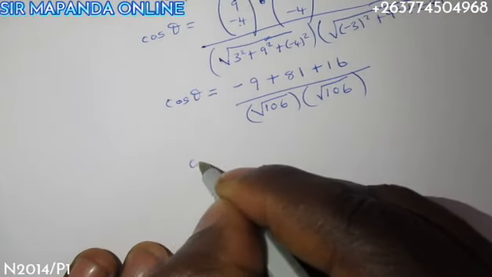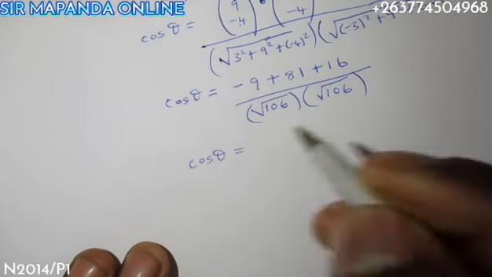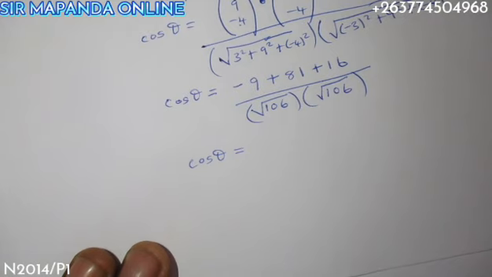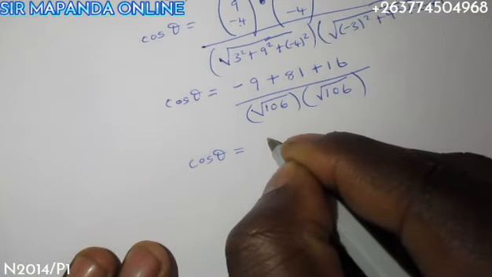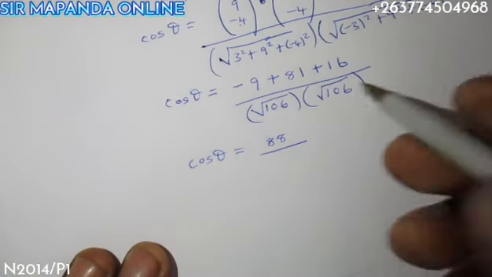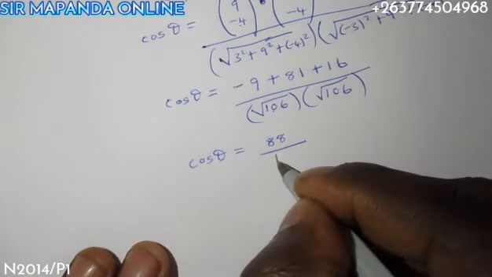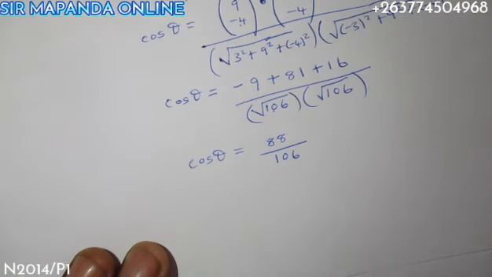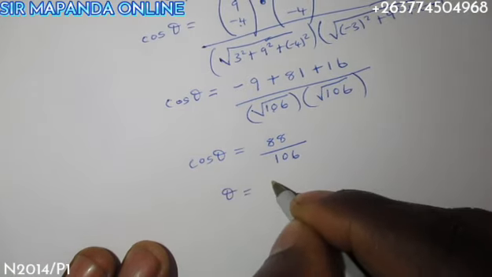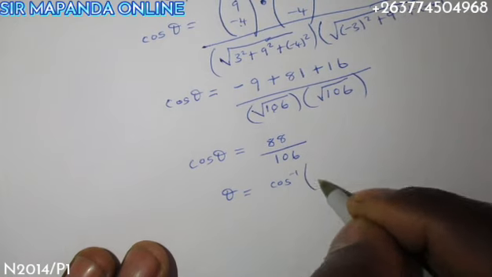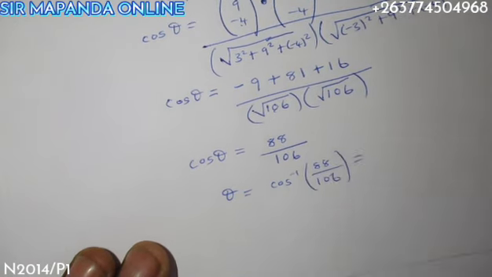So to find the angle, you are now saying cos theta is equal to negative 9 plus 81 plus 16. You get 88 as your numerator. Then root 106 times root 106 gives you 106. So theta is equal to arc cos of 88 over 106. What do you get?